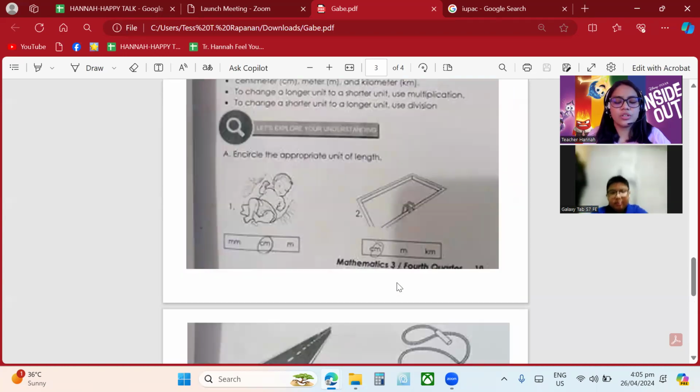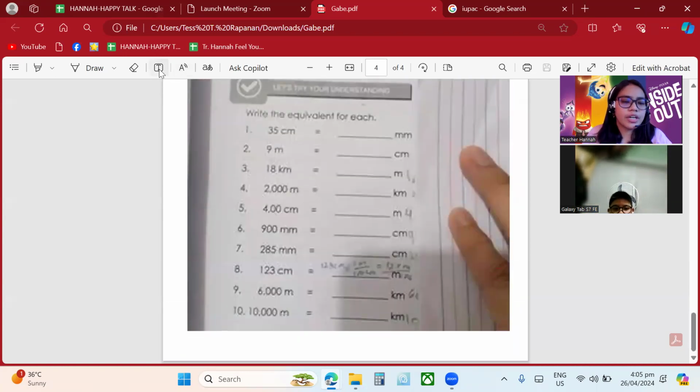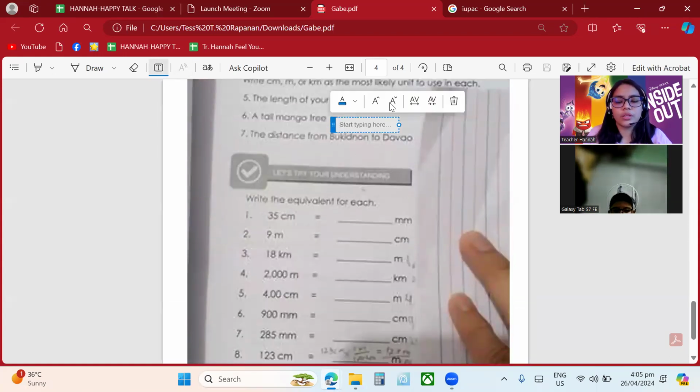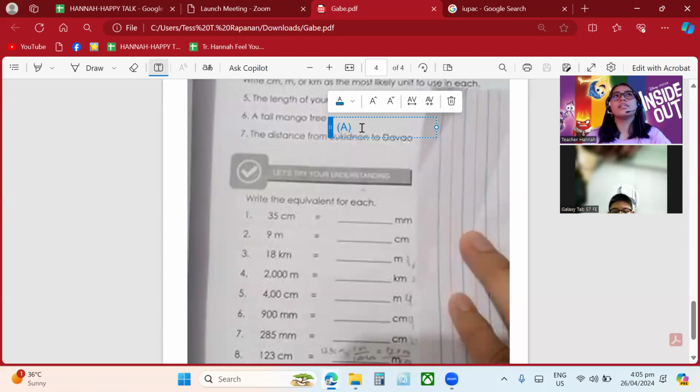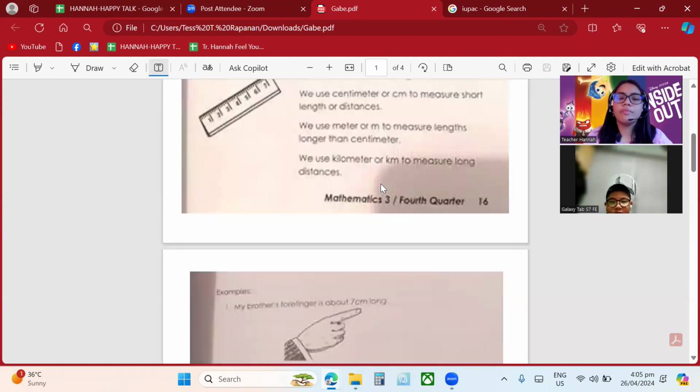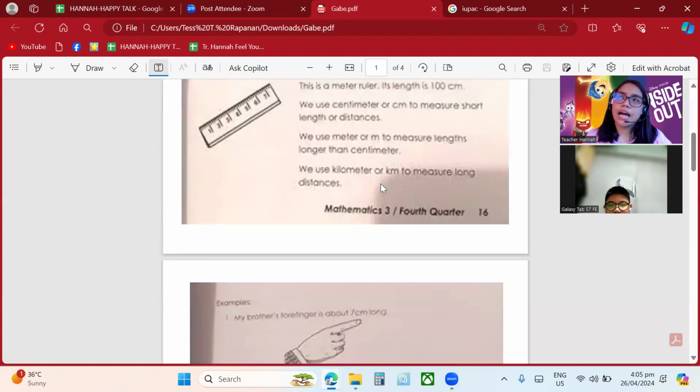Okay. So if you remember, let's try to type the conversion here so that we will not have a hard time in thinking of the conversion. Okay, so the conversion A is how many millimeters for 1 centimeter?